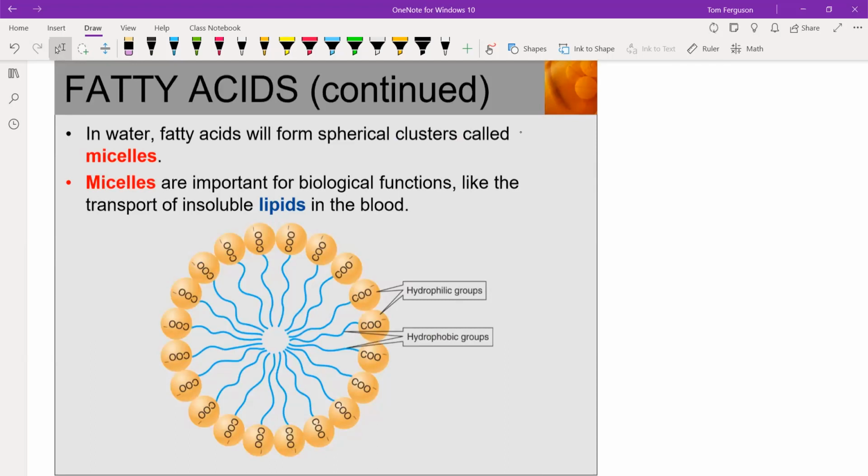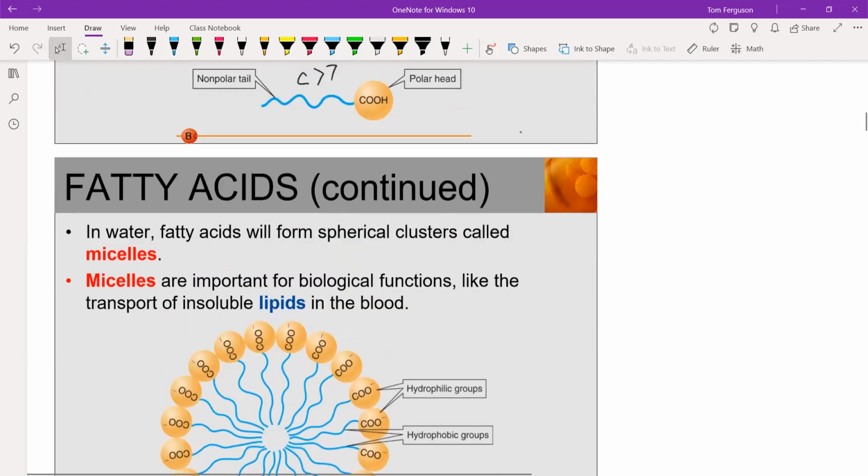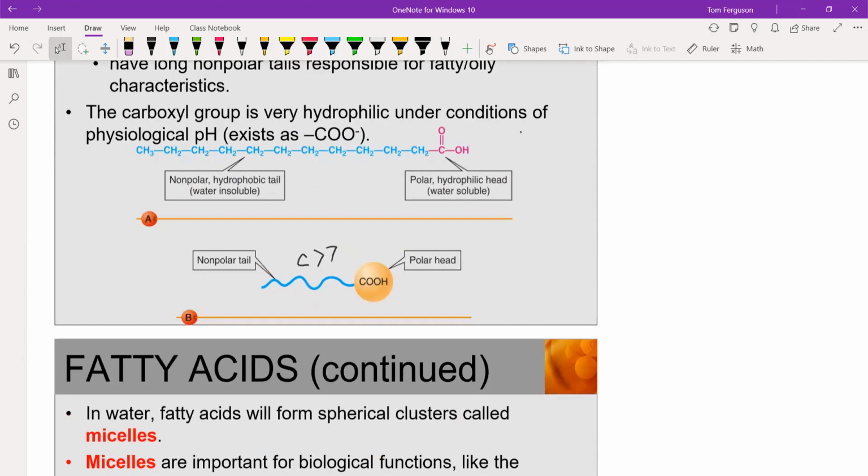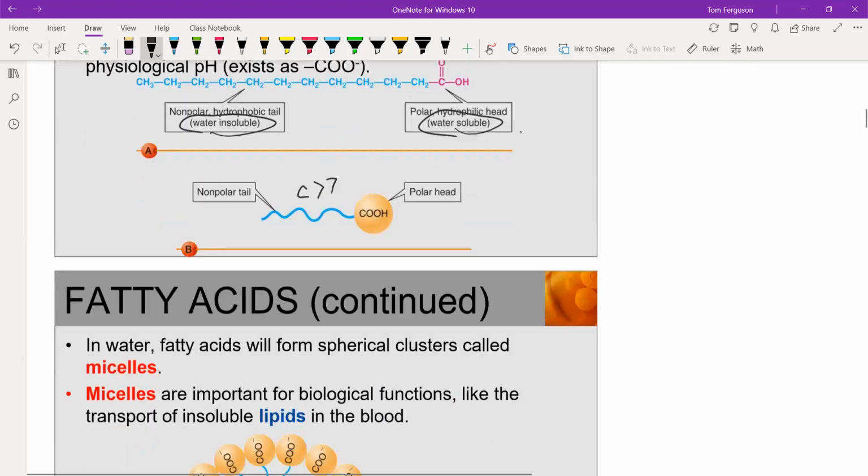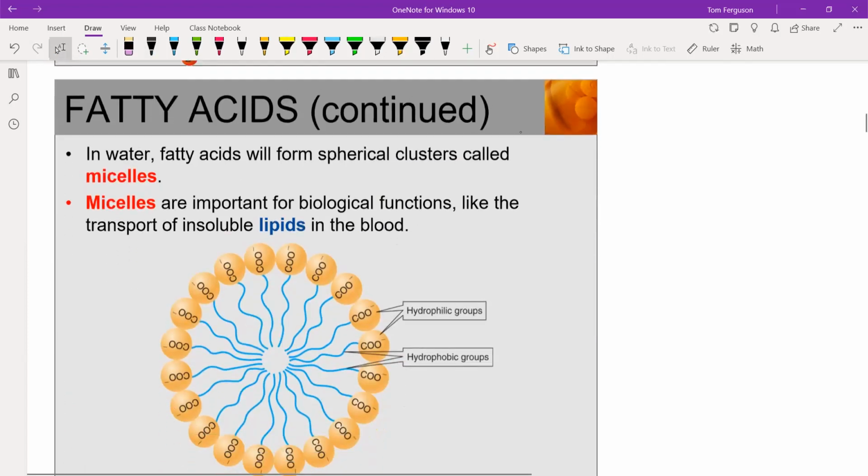When we have a molecule that has a water-soluble part and a water-insoluble part, it doesn't have to be long and skinny, we form micelles in water.